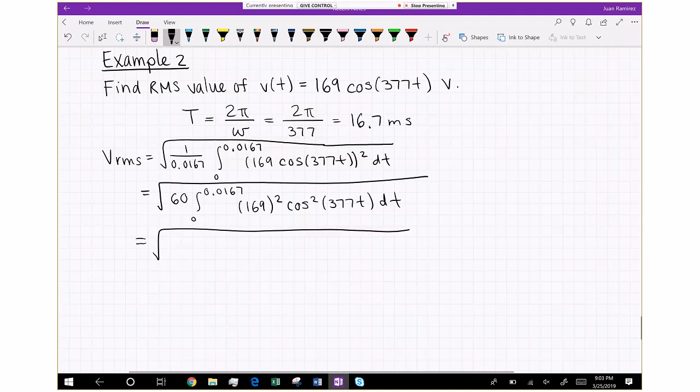And then 169 squared multiplied by the 60. And you get some pretty big number, 1,713,660.